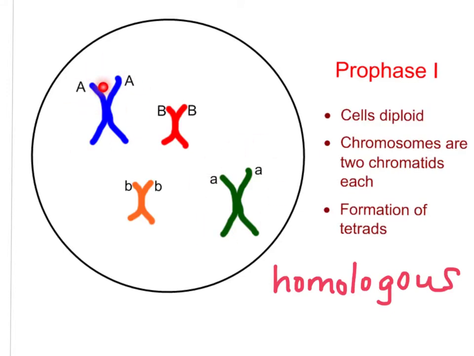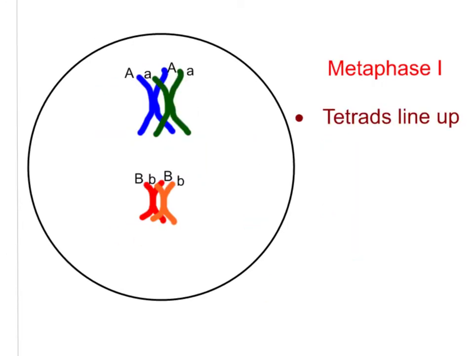They're going to find each other and form a tetrad together. Likewise, these 2 chromosomes are going to find each other and pair up to form a tetrad together because they are also homologous. These are similar in length. So here we have our tetrads, because the homologous pairs of chromosomes formed these tetrads.